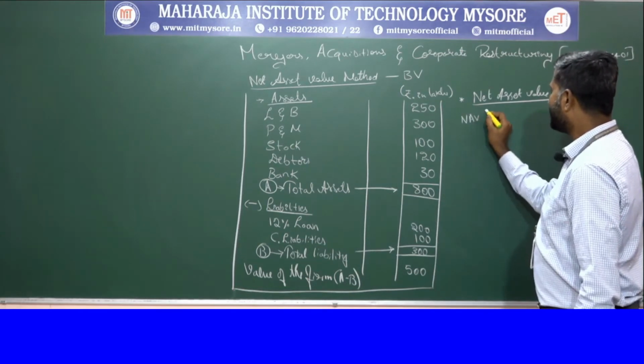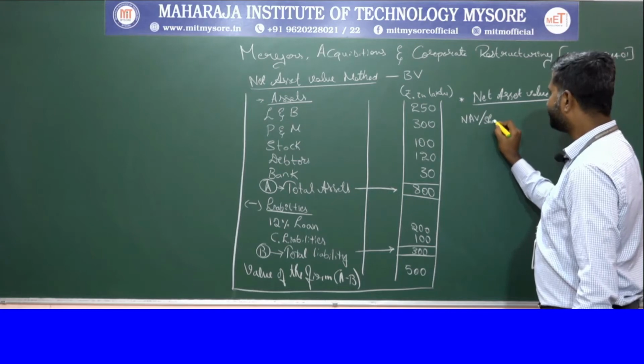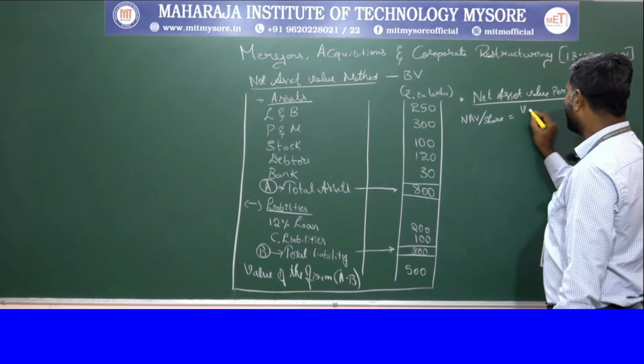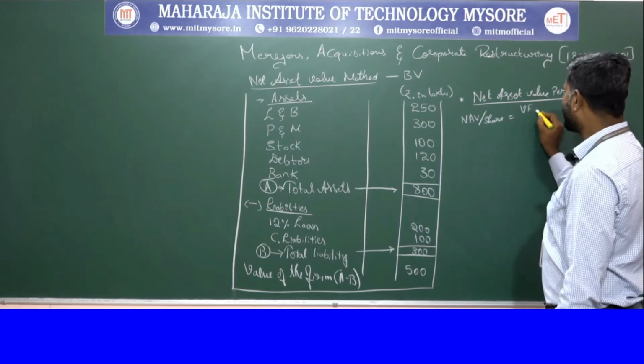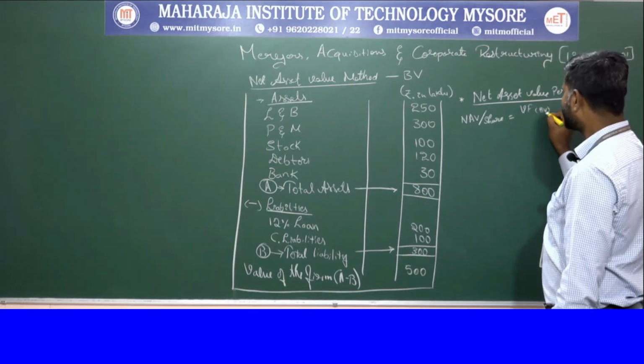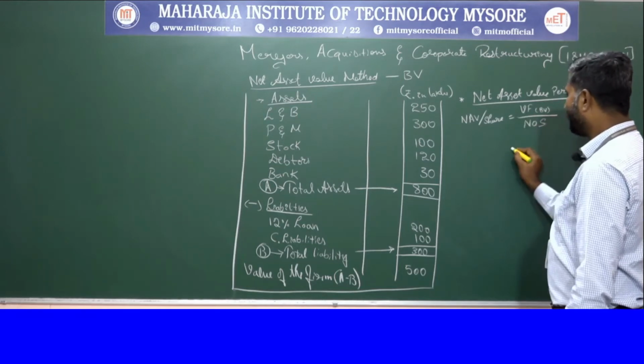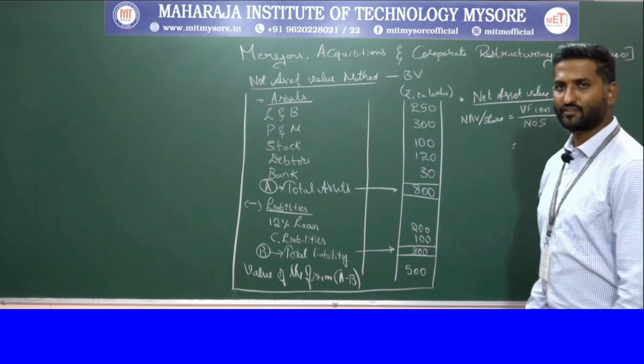NAV per share equals the value of the firm under book value divided by the number of outstanding shares.